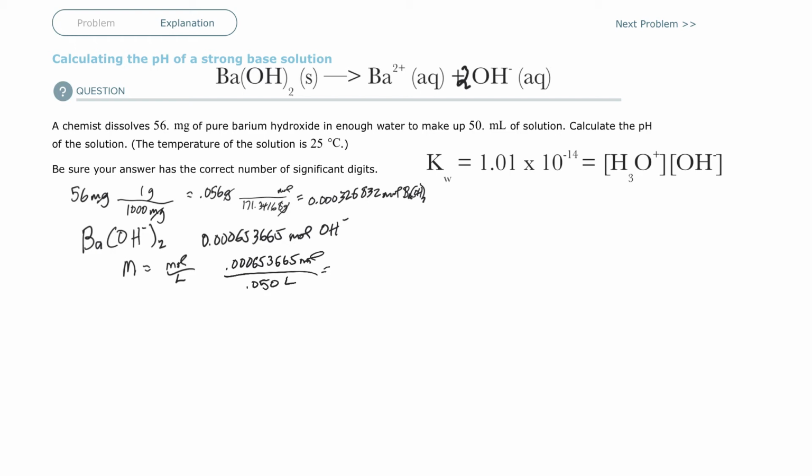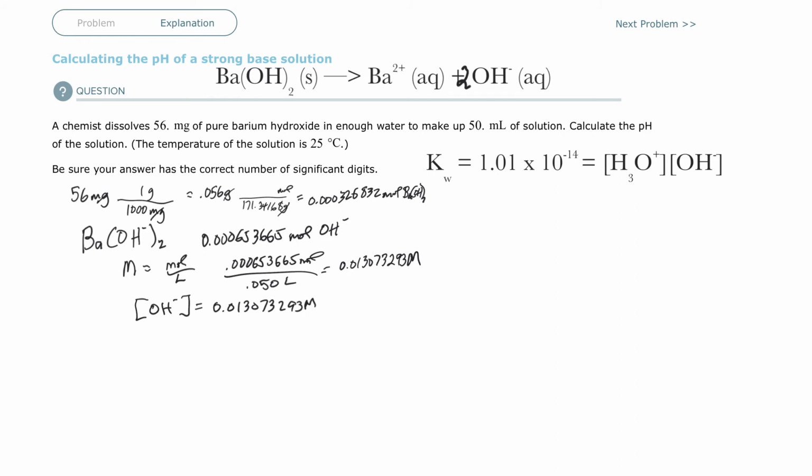And you'll end up with 0.013073293 molar. So there's your concentration. So we're going to have the concentration of OH as 0.013073293 molar.